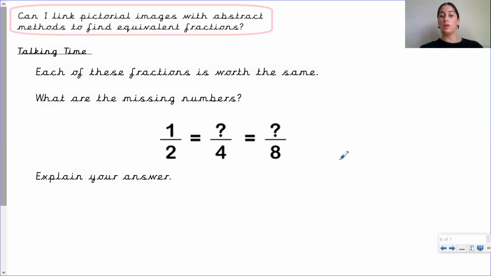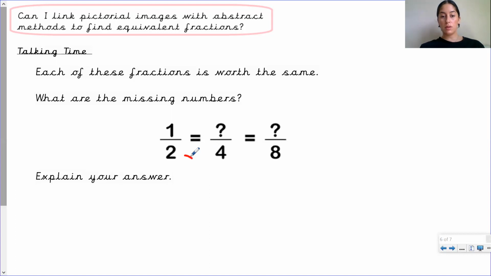Okay, so we've already discussed that if you multiply the numerator and the denominator by the same number, you end up with a fraction that's equivalent to it. So let's see what the denominator has been multiplied by, because here it's our numerator that's missing. So we need to figure out the numerator. 2 multiplied by what has given us 4?